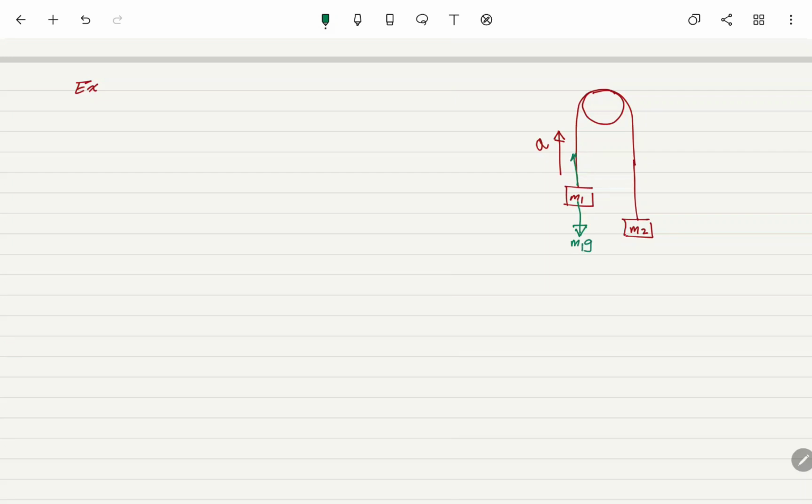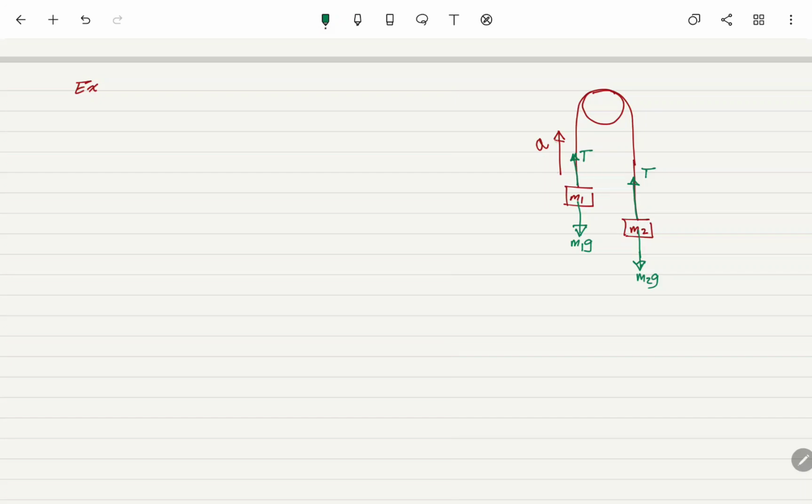And on M2, again the weight is directed M2g, and the tension directed this way. Since the rope is unstretchable, made from the same material and flexible, the tension will be the same in both cases.